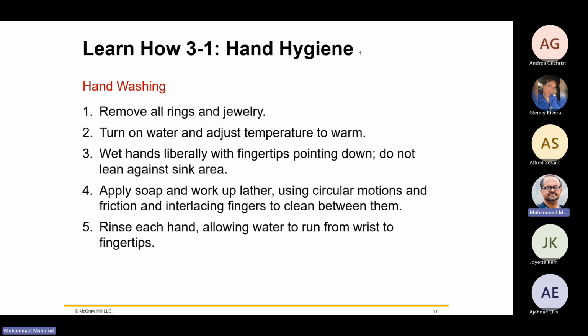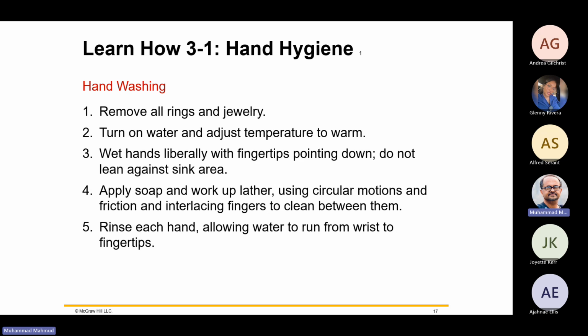Hand washing has been proven to be the most effective way to prevent the spread of infection. At the start of the day, you can use 2 minutes for hand washing. Between patients or procedures on the same patient, 20 seconds will be fine. When hands are soiled, 1 to 2 minutes.